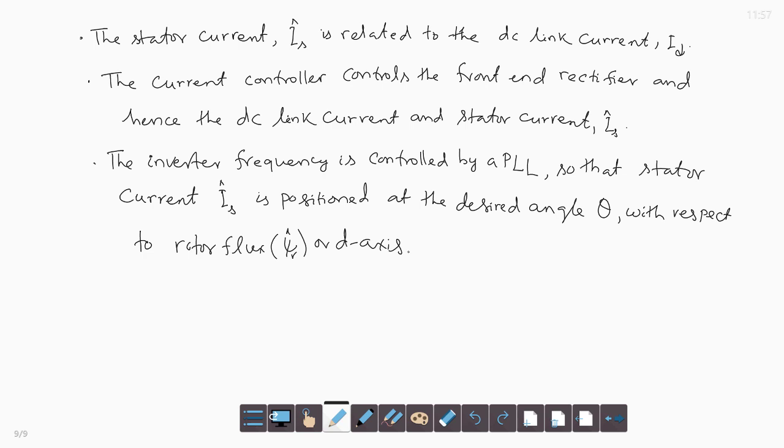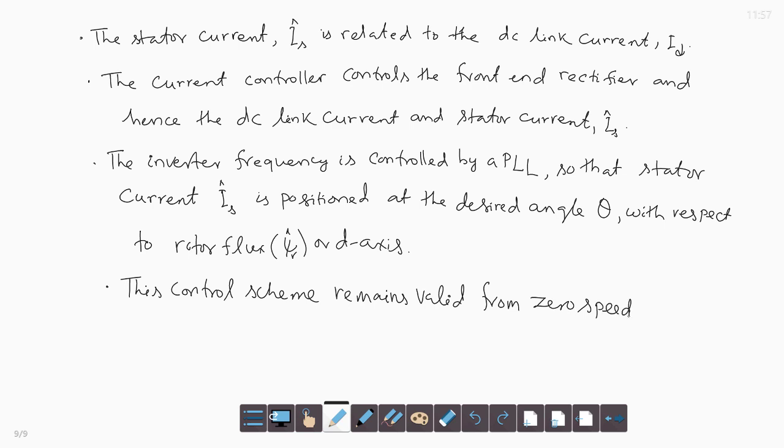So, this is the scheme of control, and this control scheme remains valid from 0 speed and in all quadrants, all 4 quadrants.